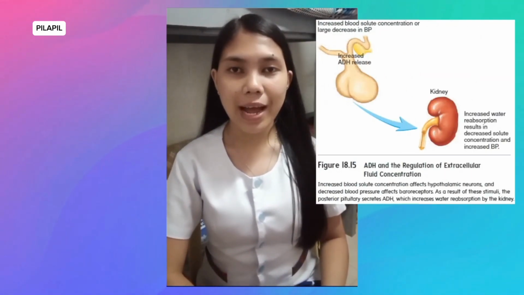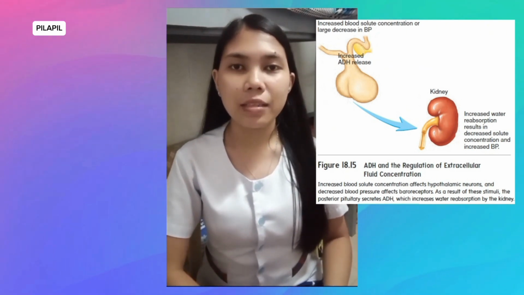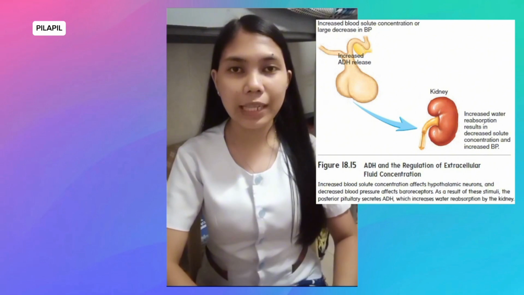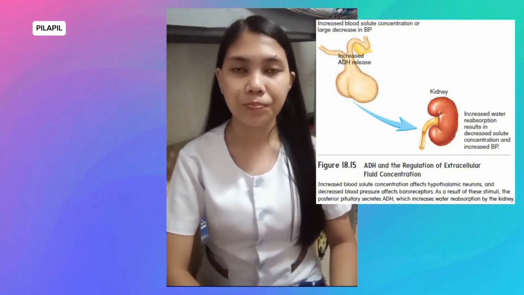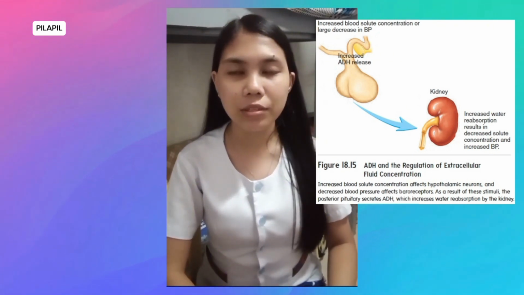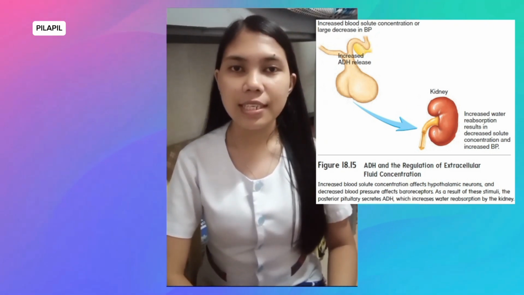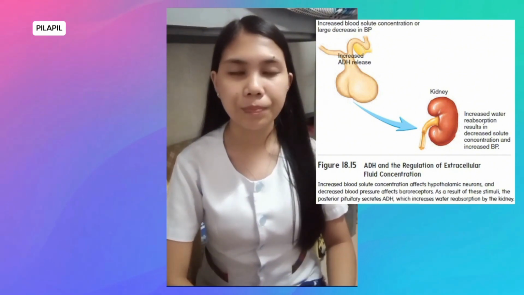ADH, also known as vasopressin, is released by the posterior pituitary gland in response to these changes in solute concentration. ADH travels through the bloodstream and acts on the kidneys. It increases the permeability of the distal convoluted tubules and collecting ducts to water.